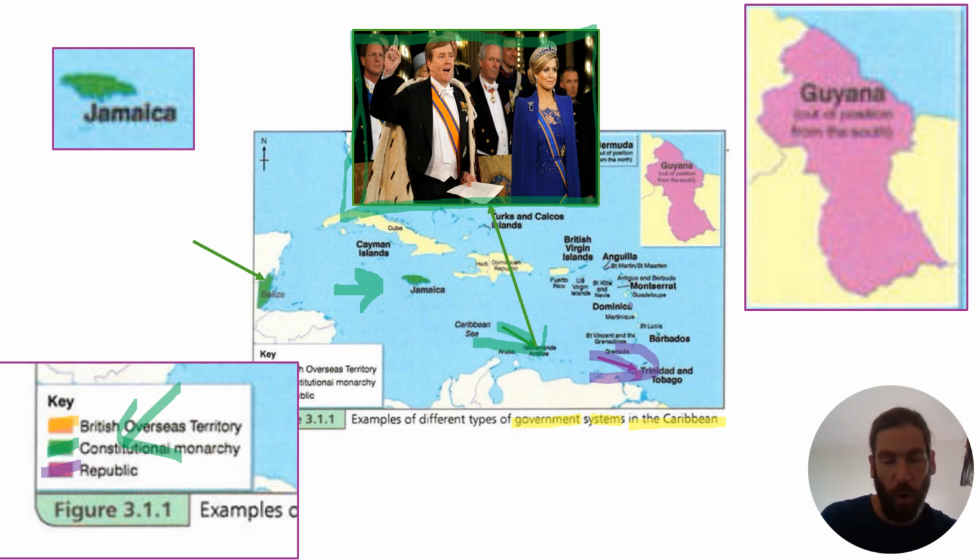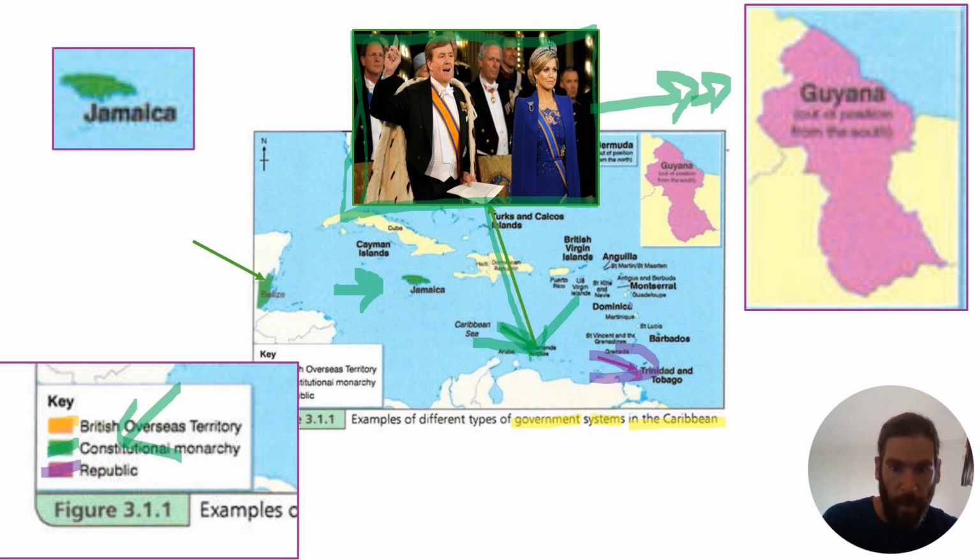So our king and queen are the king and queen not only of the European Netherlands, across the Atlantic, 9,000 kilometers farther away, but they're also king and queen of Aruba, Saba, and a lot of other islands.